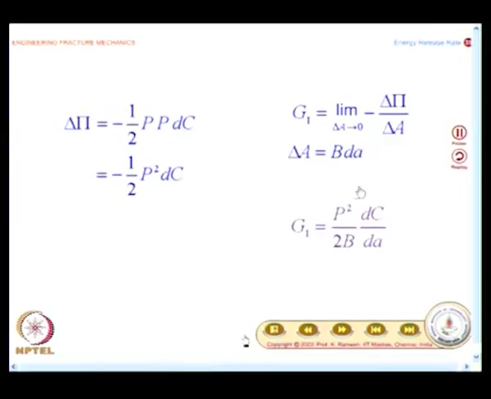So, when you solve the assignment problem, you will understand it better. When I move on to constant displacement, it is needless to say that you have to get the final expression of energy release rate as P squared by 2B dC by dA. The reason is we are looking at incremental changes which are very small, this is the key point.